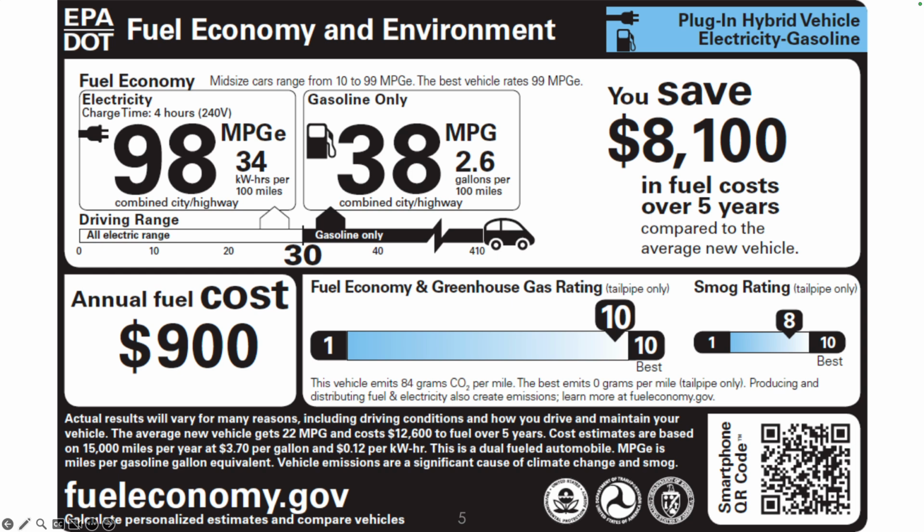It's actually a requirement for new cars to display this information. They have one equivalent for gas cars. This one I'm showing is for a plug-in hybrid, so you can see both. And what they show you is the fuel efficiency measured in miles per gallon on the gasoline side.